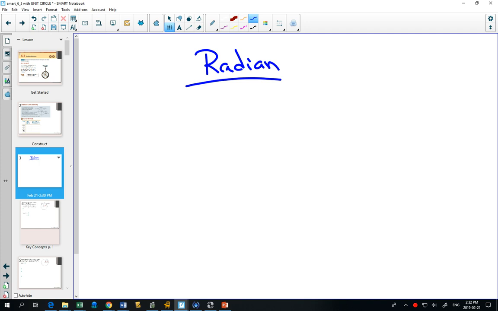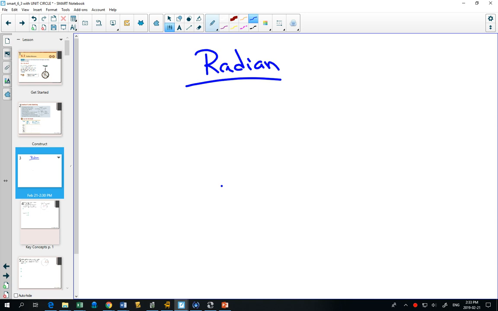And what a radian is, if you take a circle, all right, so we're going to draw a circle here. I'm going to start with the center of my circle right here. And I'm going to use this special kind of triangle. It's a little bent. Does anyone know what the name of this kind of triangle is?